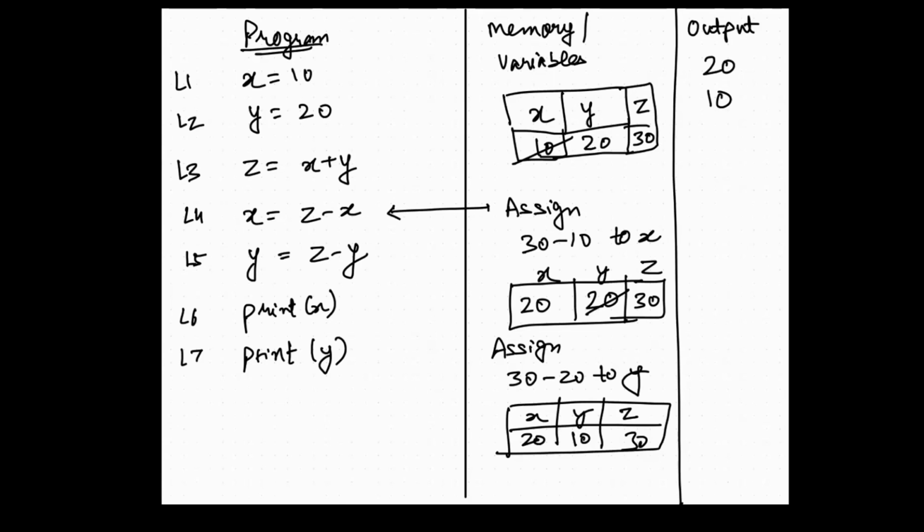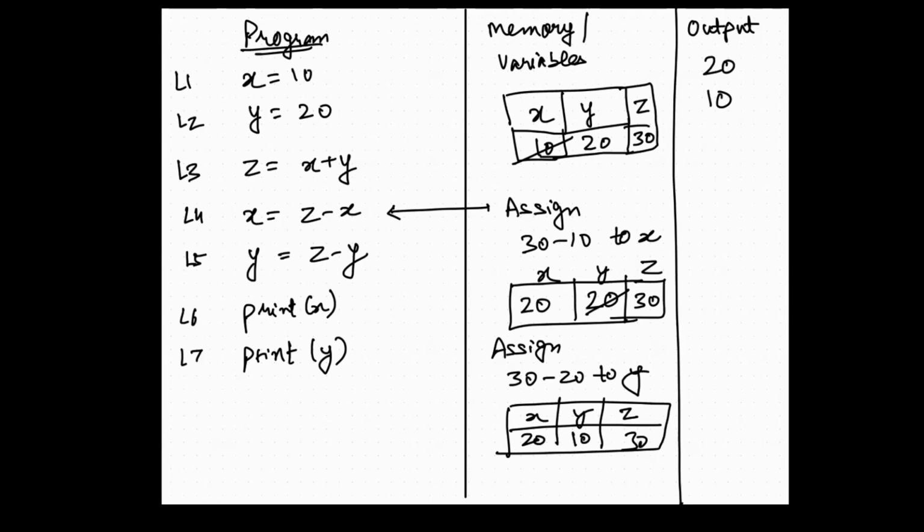Cross the value when you update the variable. Importantly, you first start doing the calculations from the right-hand side of equality. Right? X equal to z minus x means evaluate, put the value of z, put the value of x, evaluate z minus x, assign this value to the variable x, which means that we are updating the value of x to the new value. So x already had some value. We are now updating the value.